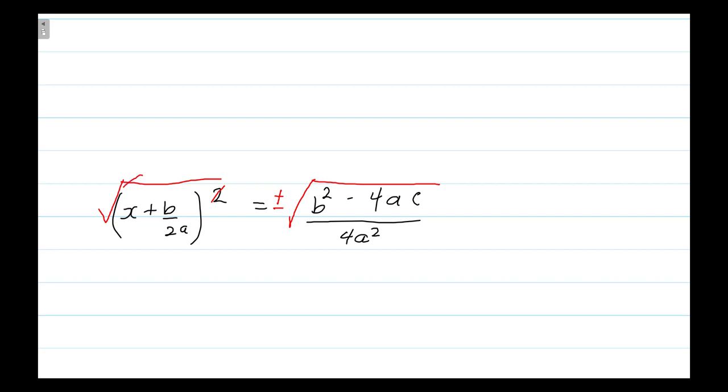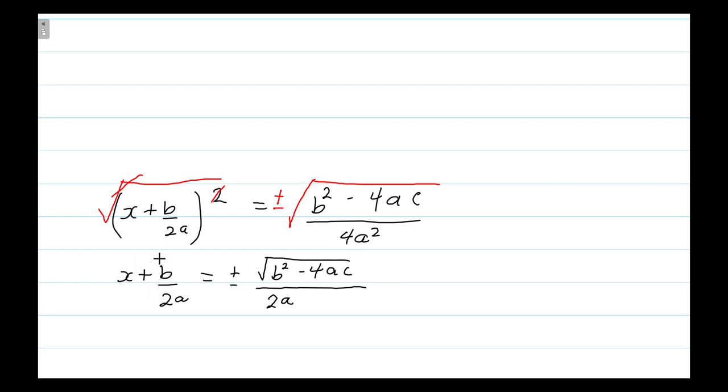The square would do away with the square root, leaving x plus b over 2a equals plus or minus the square root of b squared minus 4ac all divided by the square root of 4a squared, which is 2a.